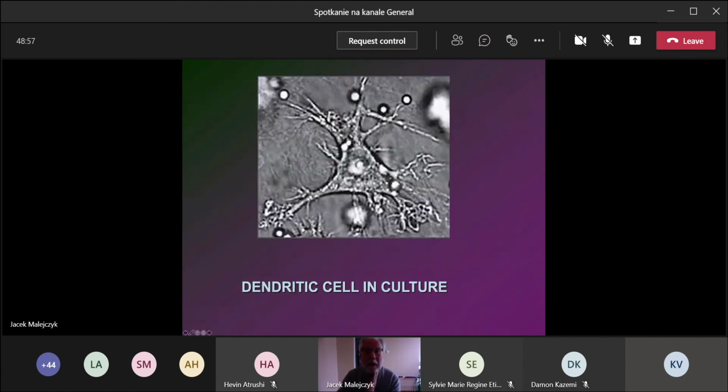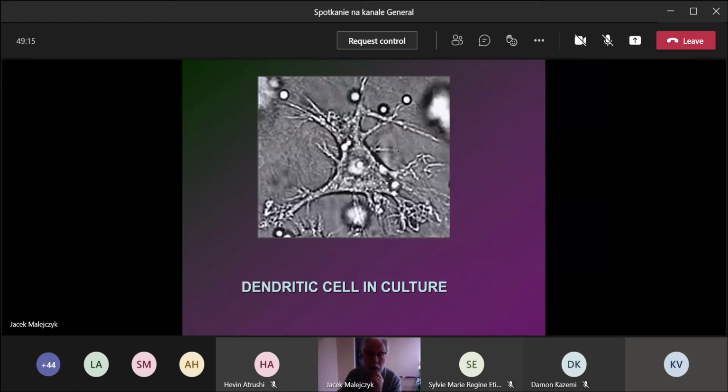the epidermis. Here you see the immunohistochemical reaction which shows them, but their name comes from the very sophisticated arrangement. They have many processes with many branches.